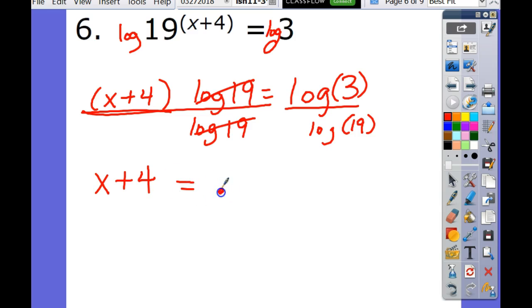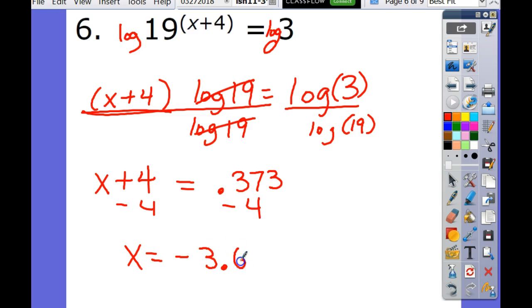Remember to close the automatic parentheses. You get this number from your calculator. What do you do with a plus 4? X equals negative 3.627.